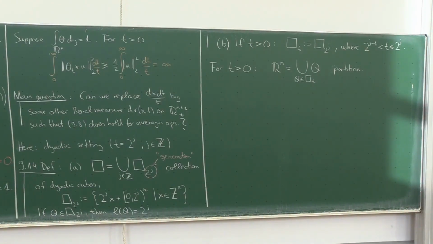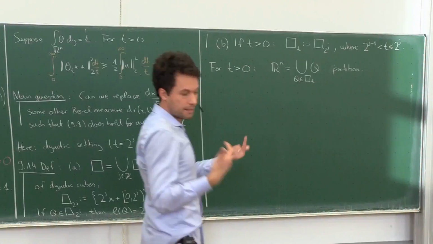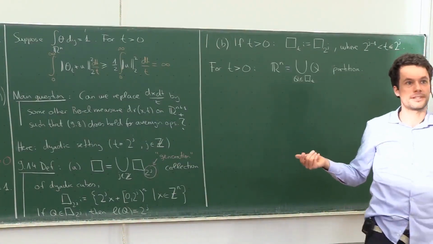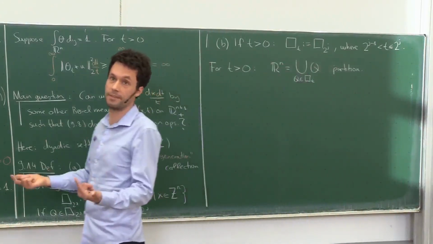So these dyadic cubes are going to play the role of balls in our dyadic setting. And in case you ask why I started with maximal operators in the continuous setting and am now going back to a dyadic setting, I could have started with everything dyadic.